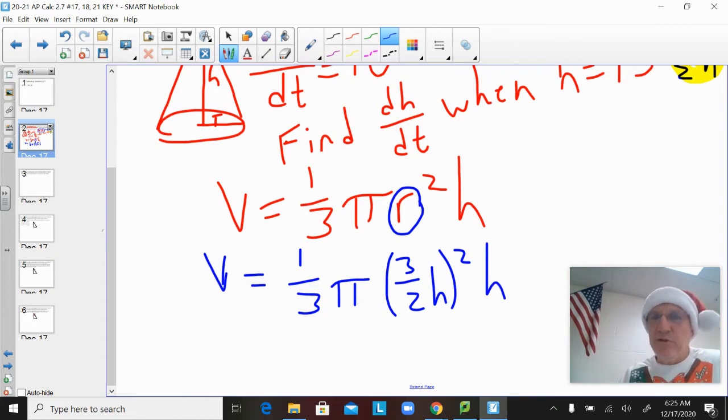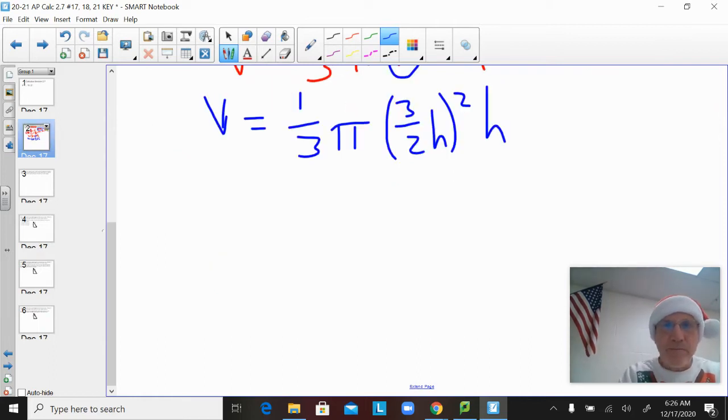By making that substitution, now I'll clean this up a little before I take the derivative. But now my derivative will only have dV/dt, which they gave us, and dh/dt, which is what we're trying to solve for. So now let's clean this up just a little bit.